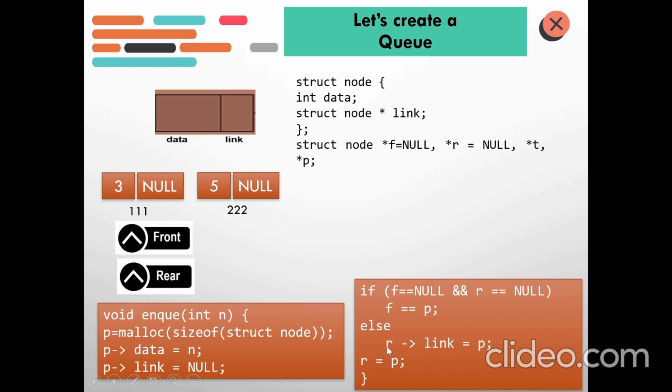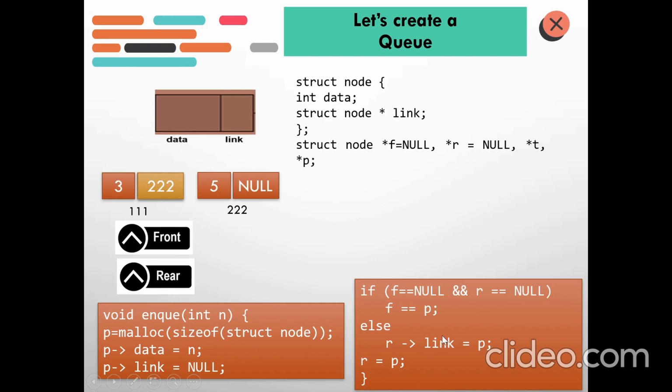R is 111. So the link part of 111 would be equal to P. What is P currently? It is the address of the latest node which was allocated, which is 222. So this 222 would be stored here.